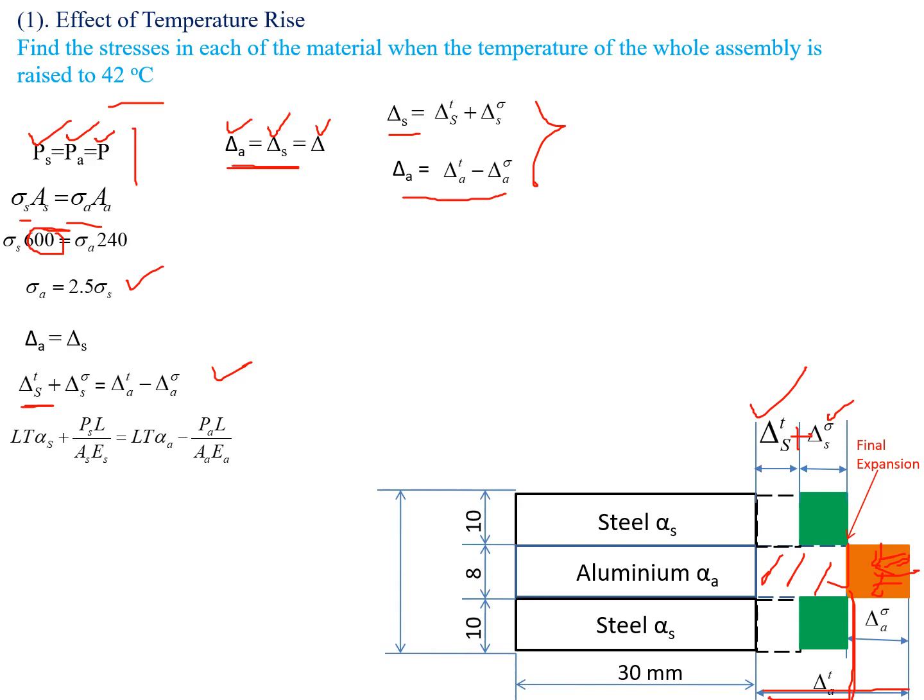Similarly, we write P S, the tensile force in the steel, times L divided by the cross sectional area of the steel times the Young's modulus of the steel.